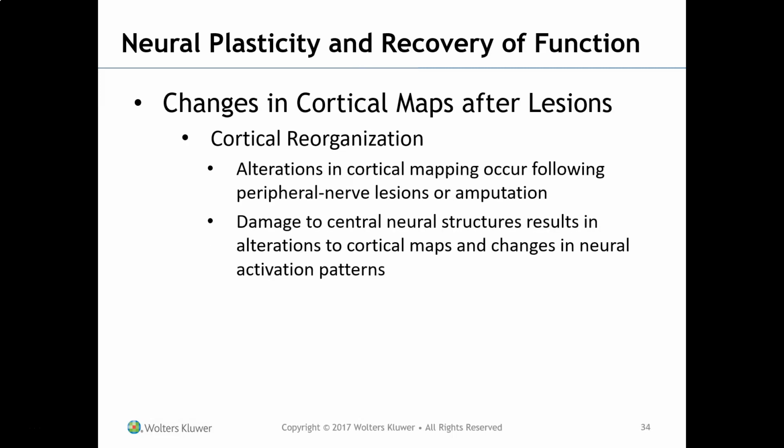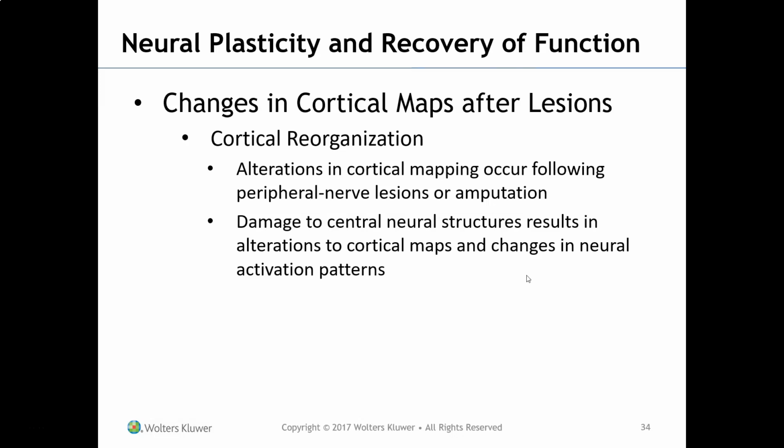How do we reorganize the cortical maps, right? So alterations in cortical mapping occur following peripheral nerve lesions or amputations. Damage to central neural structures results in alterations in cortical maps and changes in neural activation patterns. So we have to change these neural structures and neural patterns. How do we change that? Well, you do the best you can through repetition and exercise, and hopefully it works, right?